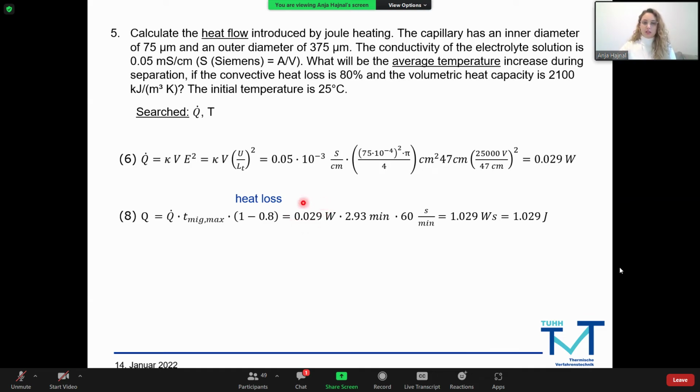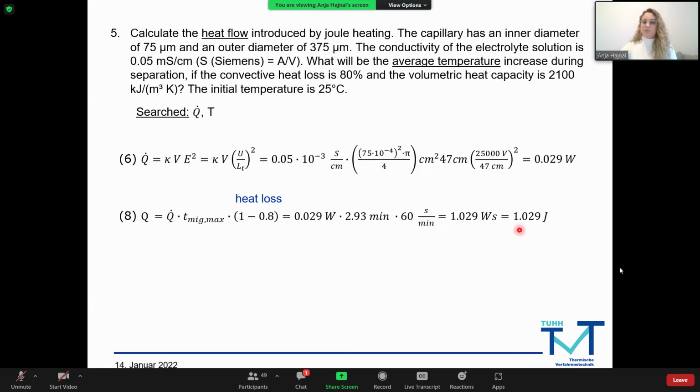So this is the flow of heat that we just calculated, times 2.93 minutes. This is, as I said, the longest migration time, which we obtain for benzoic acid. The 60 is to convert between minutes and seconds.